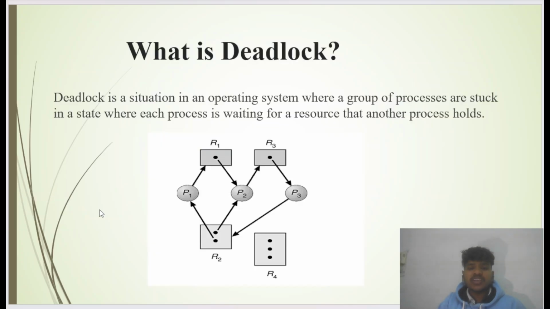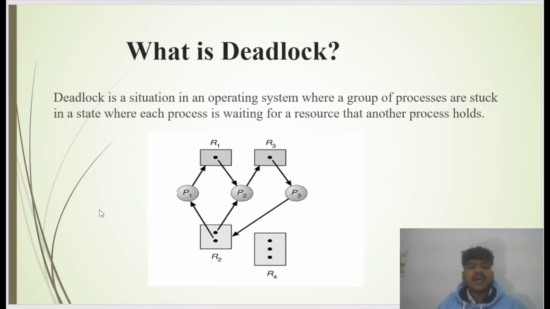Now let us look at the definition of deadlock. It is a situation in operating system where a group of processes are stuck in a state where each process is waiting for a resource that is held by another process. Let us see an example. A computer system has multiple processes running at the same time.